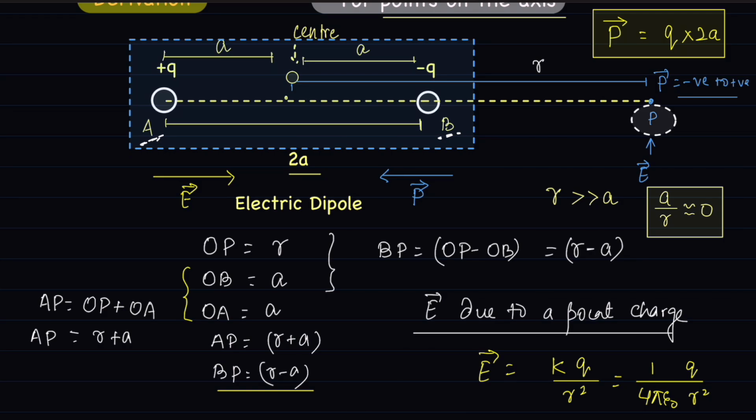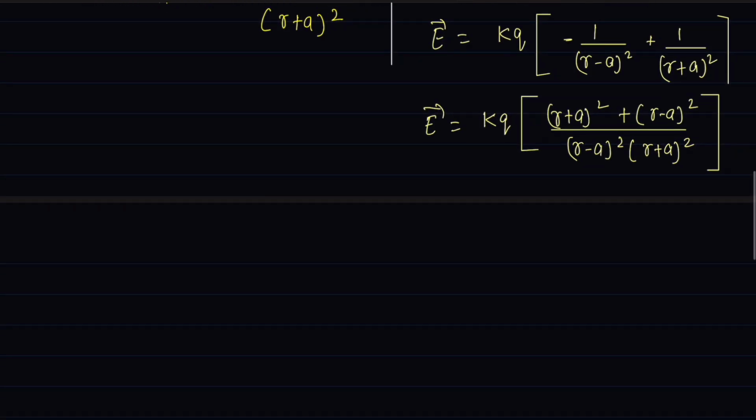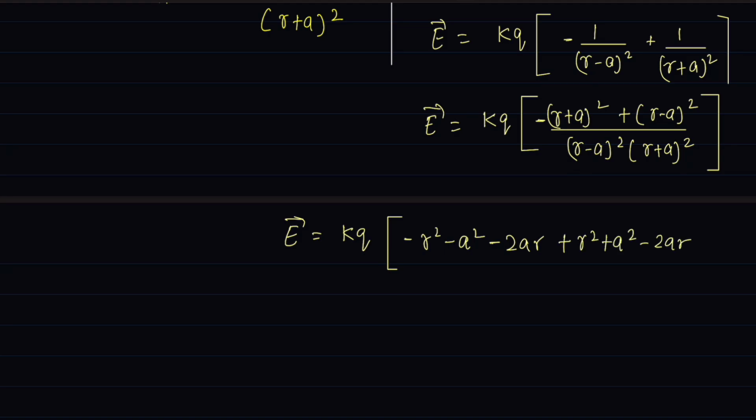Now based on this relation, if we continue, E is equal to kq times minus r square minus a square minus 2ar plus r square plus a square minus 2ar, divided by r square minus a square whole square. Here we can cancel r square and a square.